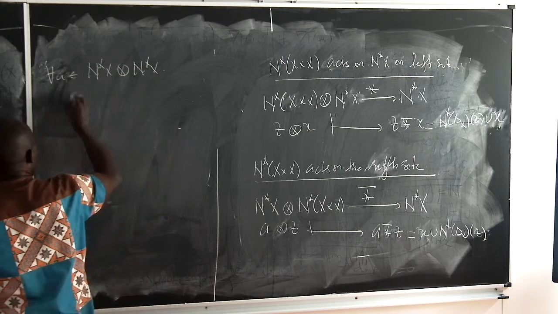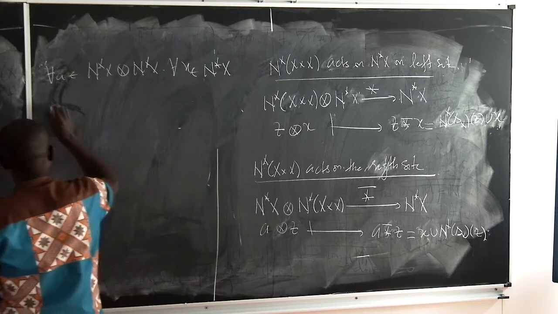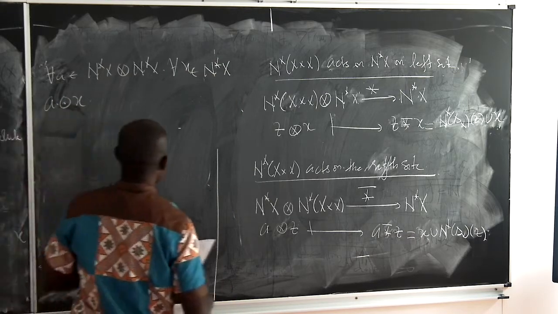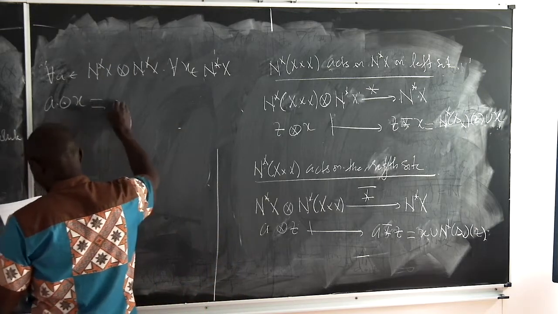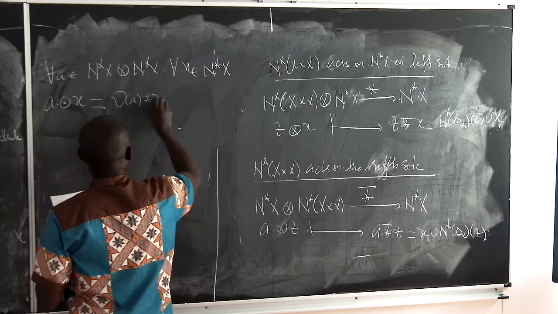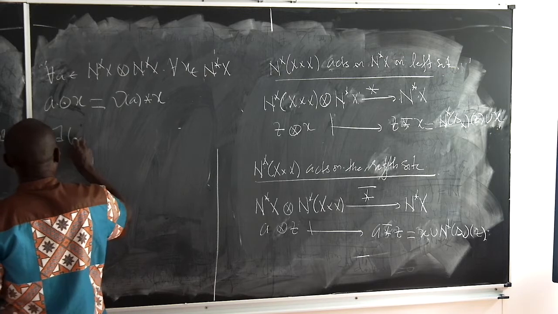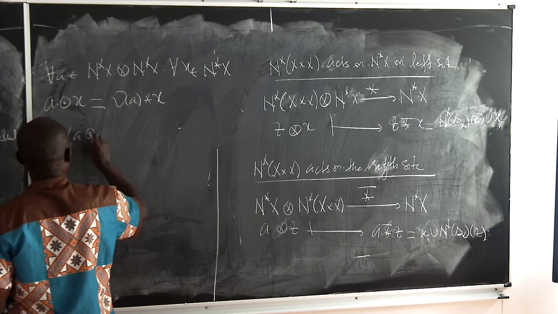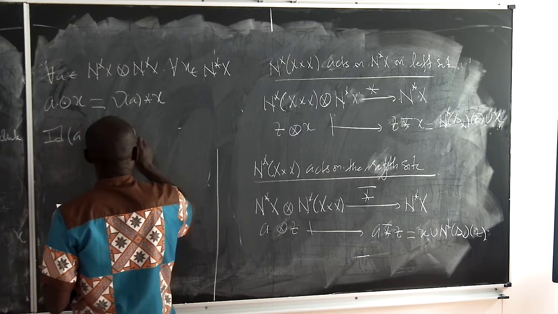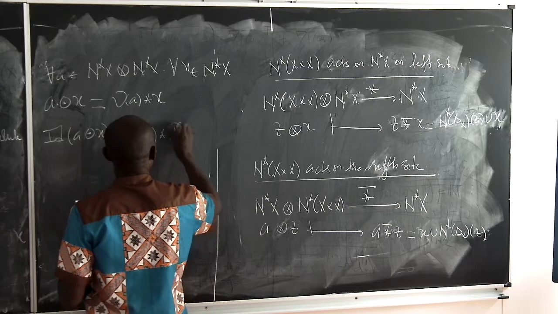We have, and for all X in Nx, we have A applied to X. This is the first action. It is equal to nu of A star X. This is exactly the identity of A applied to this, which is equal to the nu of A star the identity of X.